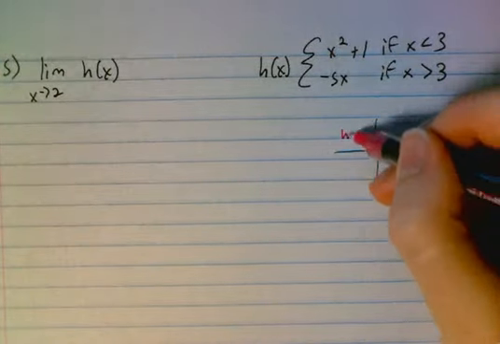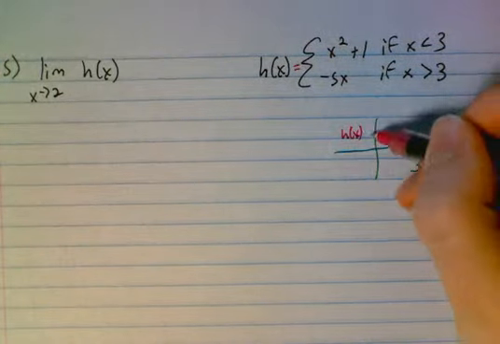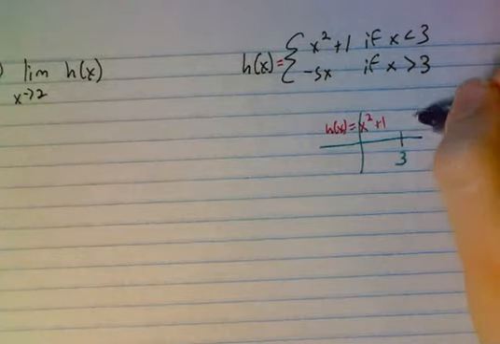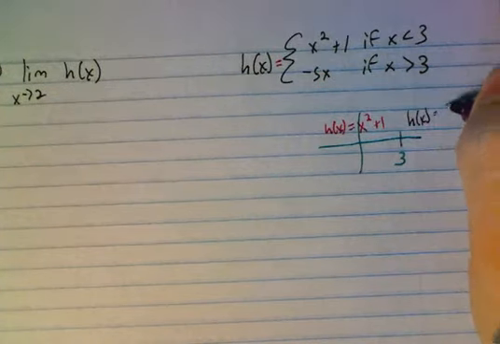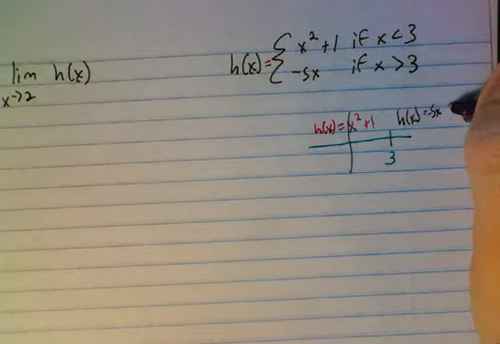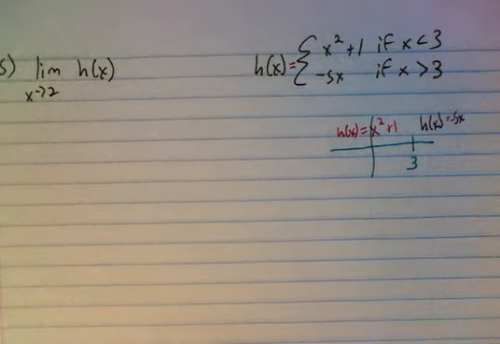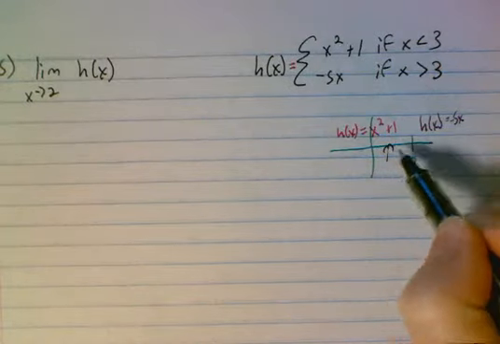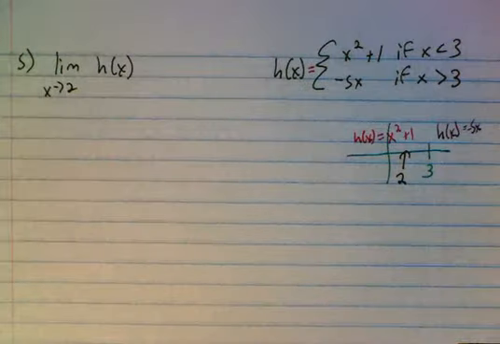we've got h of x equals x squared plus 1 on one side. We've got h of x equals negative 5x on the other side. But when we go to do our left and our right limit, the number that we're looking at is actually 2. It's actually right there.